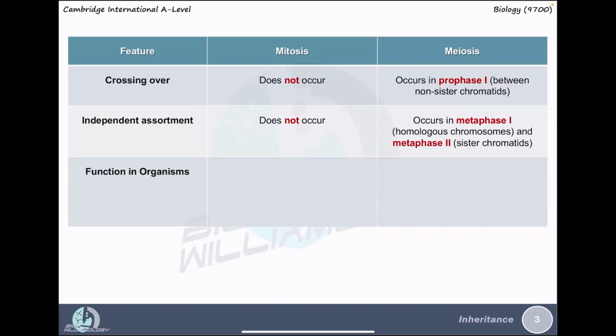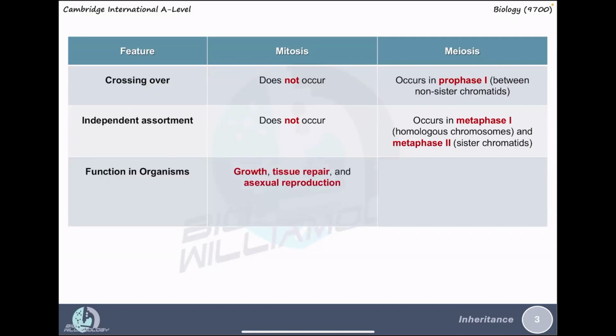So the way they align at the metaphase plate during metaphase 2 introduces variation. So in metaphase 2, independent assortment of sister chromatids occurs.